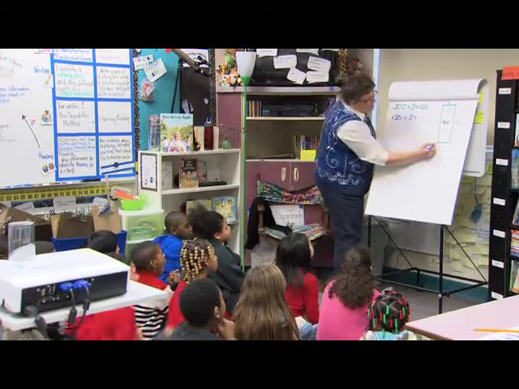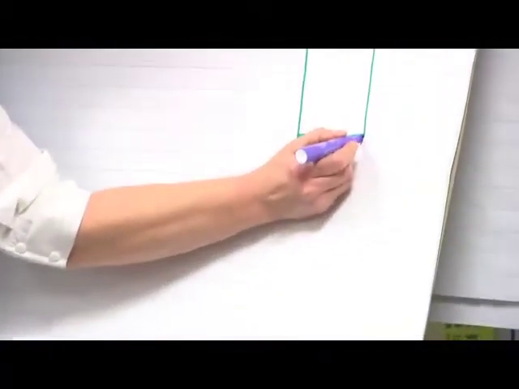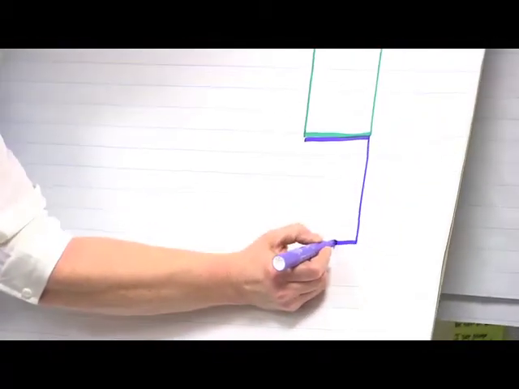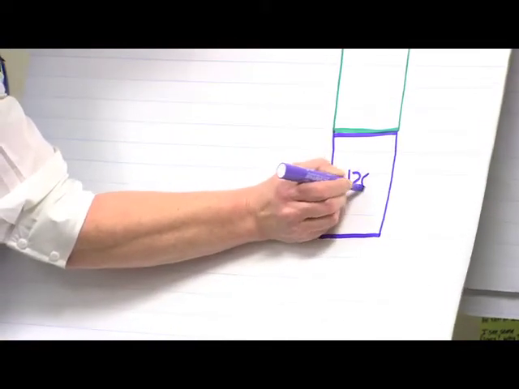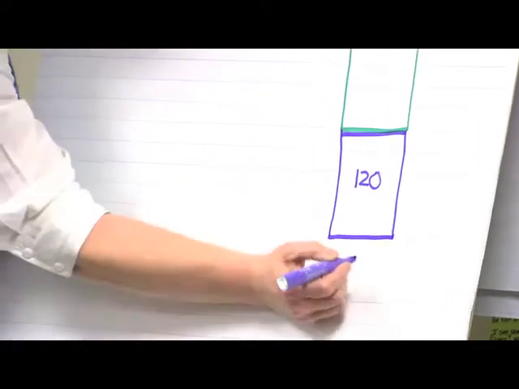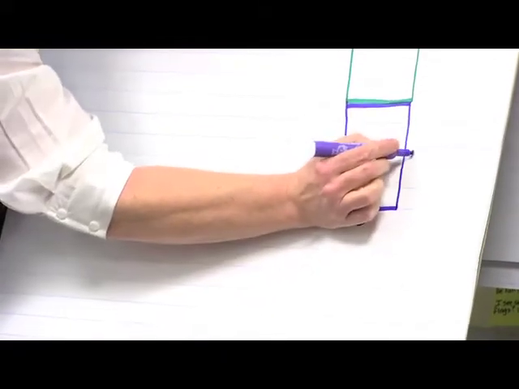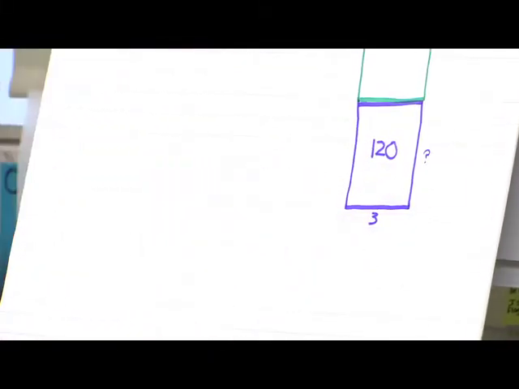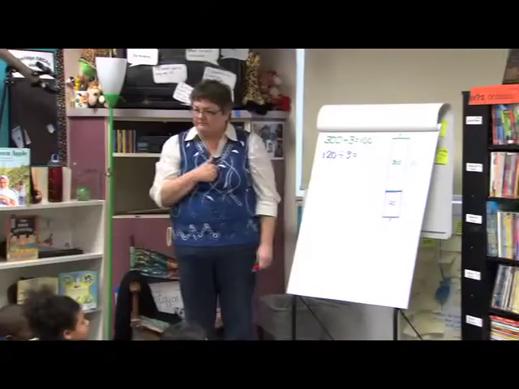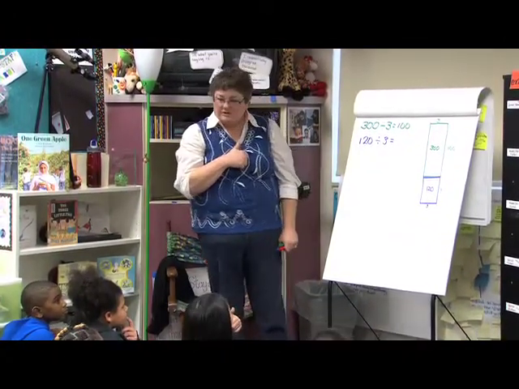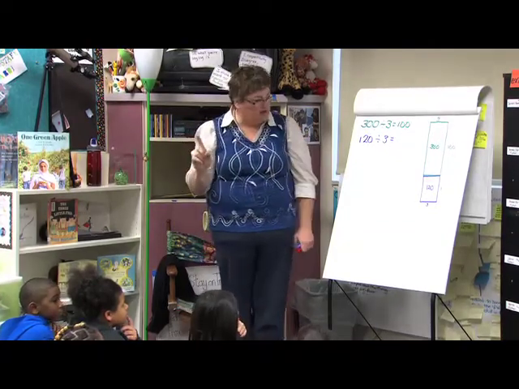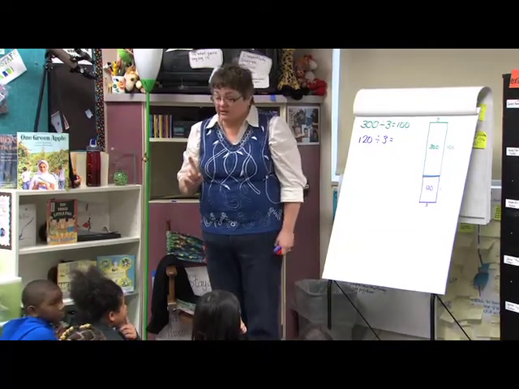There's an array that goes with this. There's 120 squares inside there, and it's 3 on this side. I think what I'd like you to do is turn and talk in just a second about what you think it is and why you think it is that way.